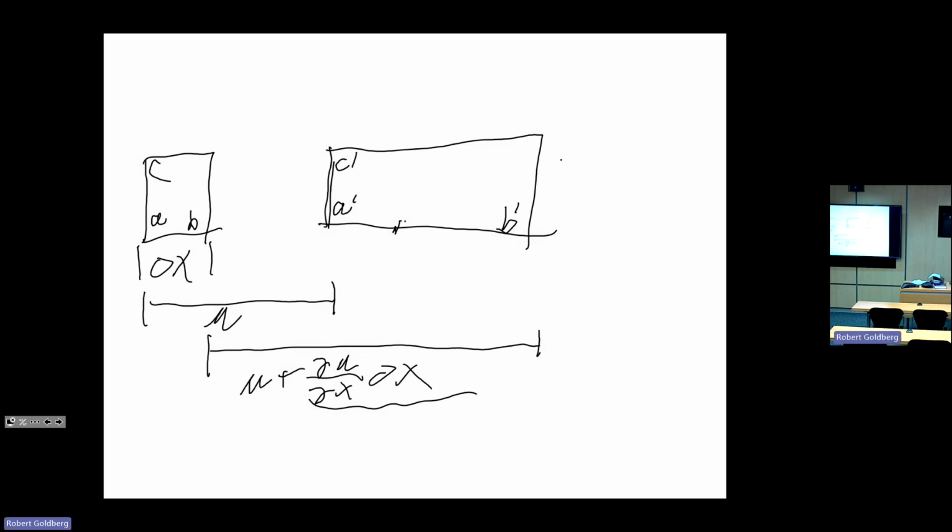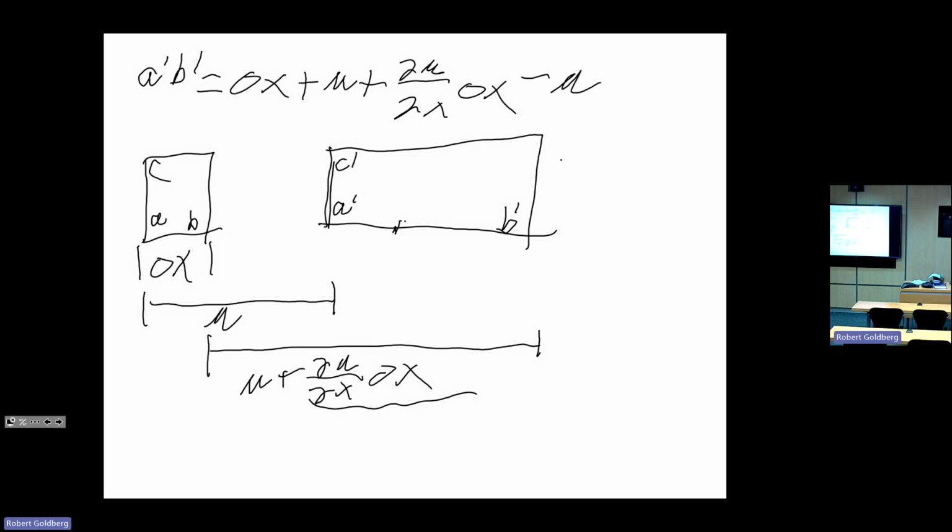The distance from A prime to B prime is now equal to delta x, the distance from A to B, plus adding in the terms from A prime to B prime, which is u plus derivative of u with respect to x times delta x. So this term here, but we have to subtract off the original u.